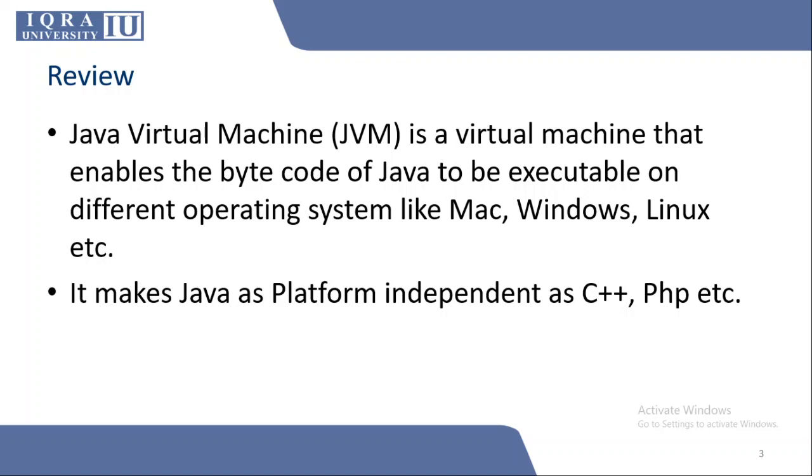So basically, in other words, it makes a Java program platform independent, like we have already seen in the previous course of C++, which is also a platform independent language.